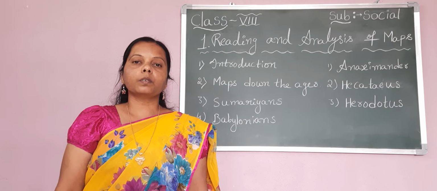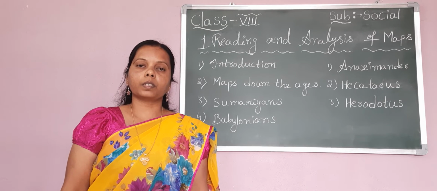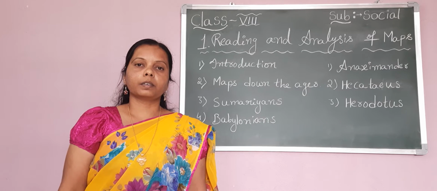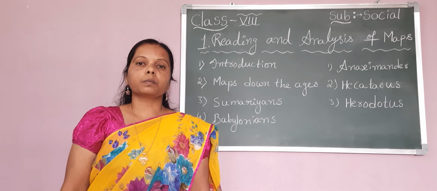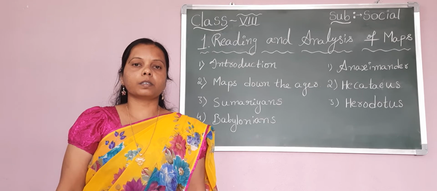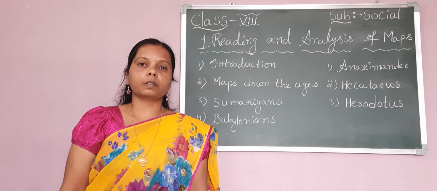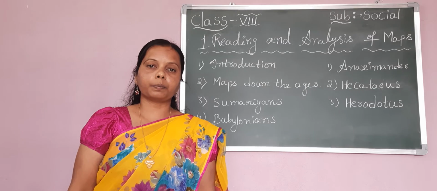Geographers use maps for various purposes, like the distribution of rainfall and the distribution of agriculture, meaning cultivation, that is farming.